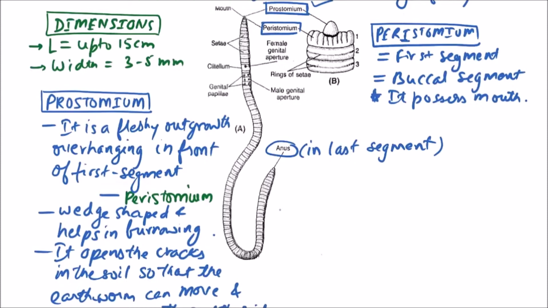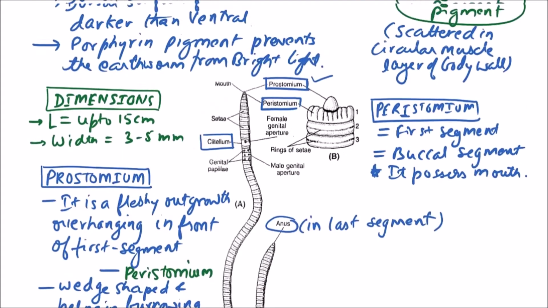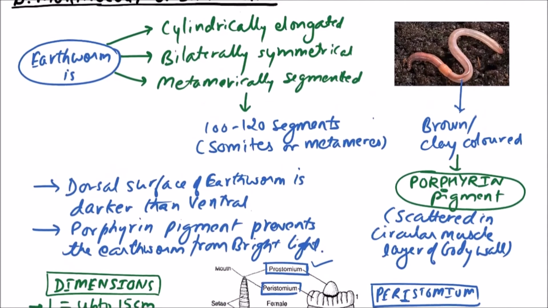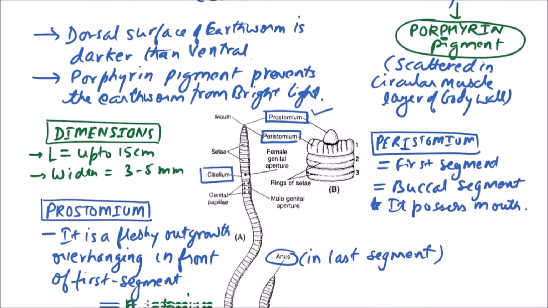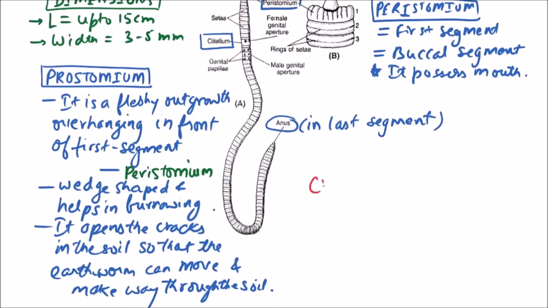Now this discrete structure is clitellum. We can observe the clitellum in earthworm here. This is clitellum. Now what is clitellum?